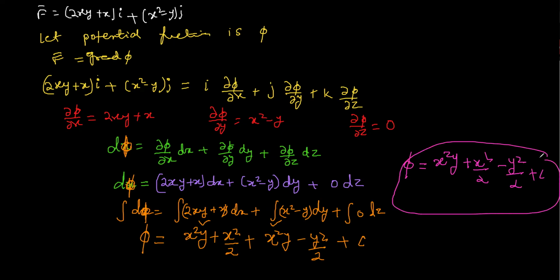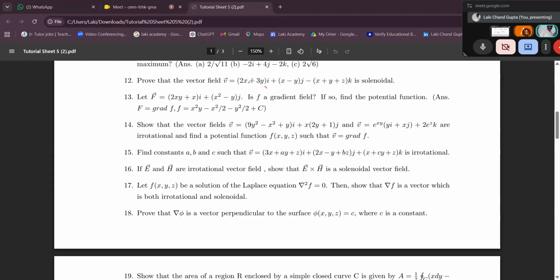Understood? You can check the answer: x square y plus x square by 2 minus y square by 2. Yes. Here plus is there. Okay. This is the correct answer.